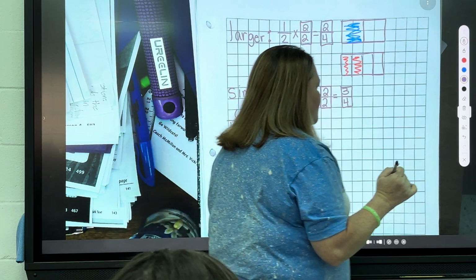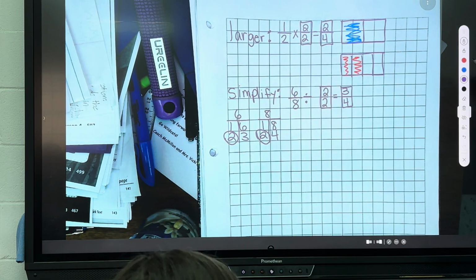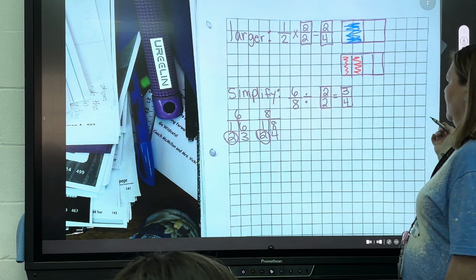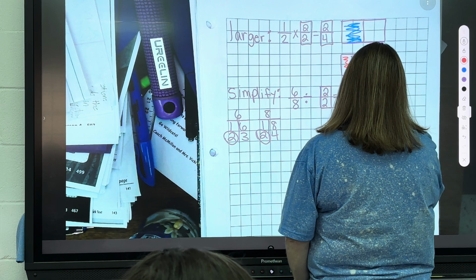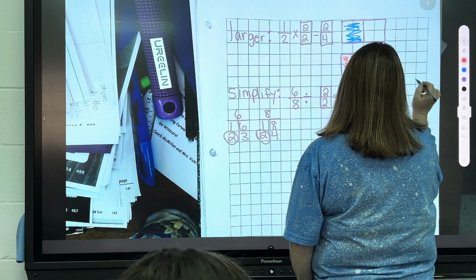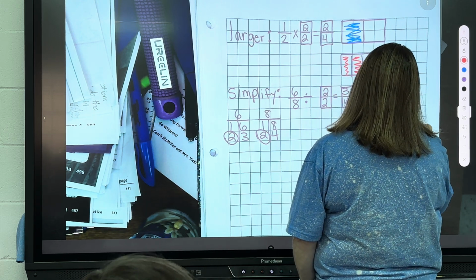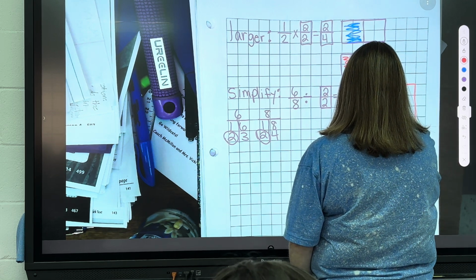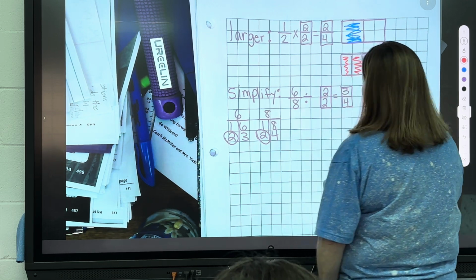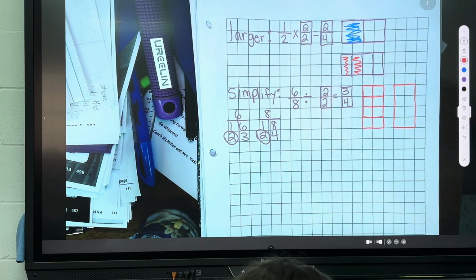Can I also represent this with models? Yes, ma'am. Same thing. They just need to be the same size model pieces. Is it 4 across and 4 down, or is it 2 across? I just did 2 across and 4 down on this side.